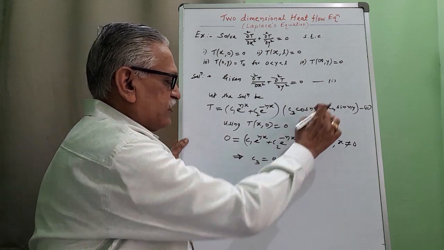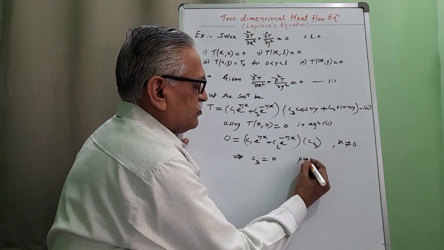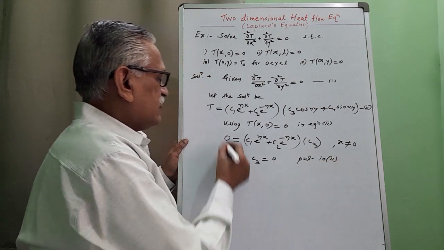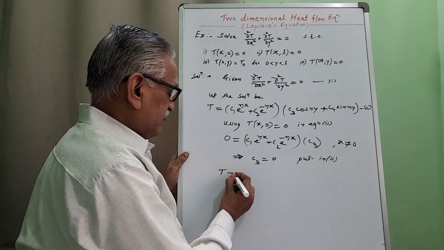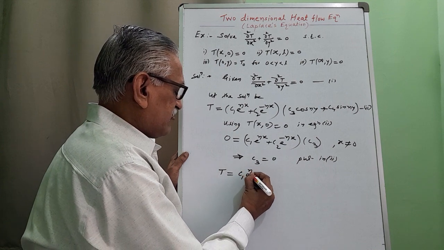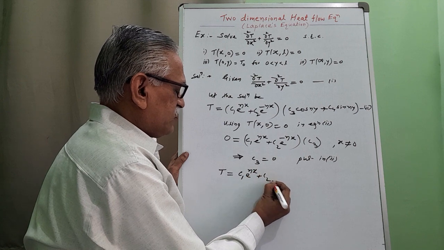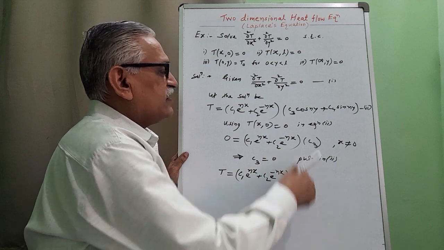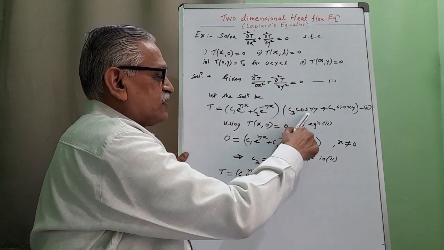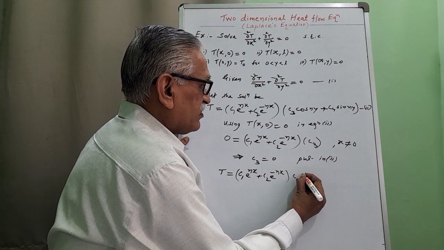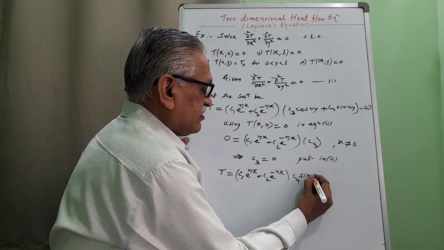Substituting this value in equation 2, we get the value of T as (c1 e^(nx) + c2 e^(-nx)) multiplied by the value of c3, which is 0, therefore this term becomes 0. We have c4 sin(ny).